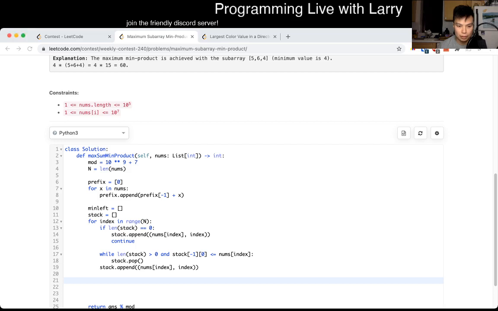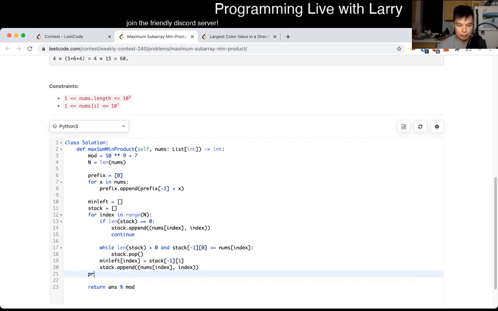But also is equal to, something like that.